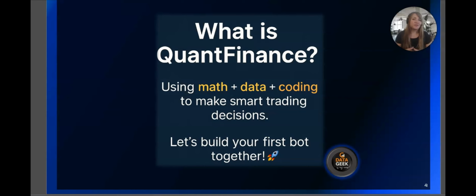For example, you tell the bot if the stock price goes above the 20-day average, buy it. But if it drops below the 50-day average, sell it. It's like having a helper follow your strategy plans exactly without getting tired or scared.